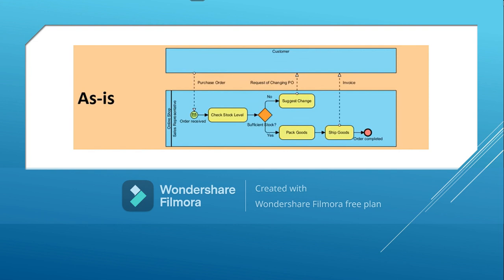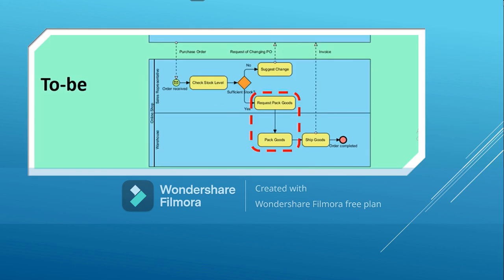So a company says let's make it better, we should make the customers happier. So they say let's do it this way: we will receive an order. When you receive orders, you check if the stocks are available. If yes, they say let's add this step, that we request the packing of the goods.